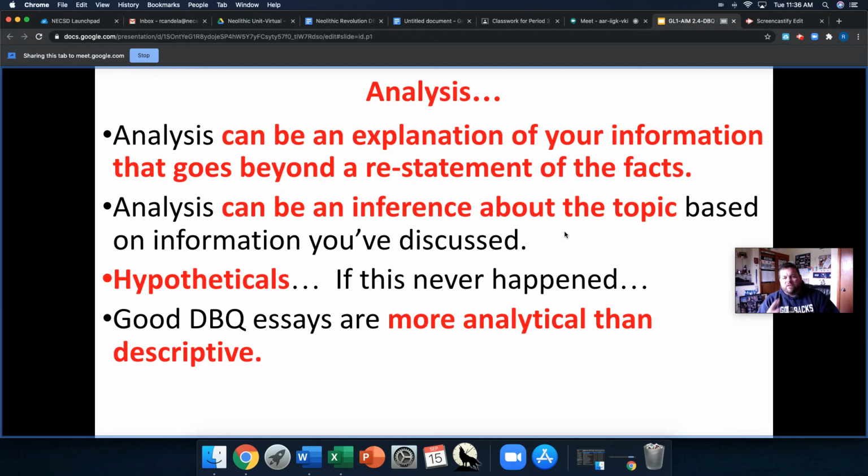But at this point, analysis is the roof of our house. So if the document evidence is the foundation and the outside information is the walls, the analysis is the roof, and now we have a whole house. So it's important to understand that all three of these things are equally critical to have in your essay, and your essay is kind of incomplete unless it has all three of these things. And that's the important thing that I want you guys to understand.